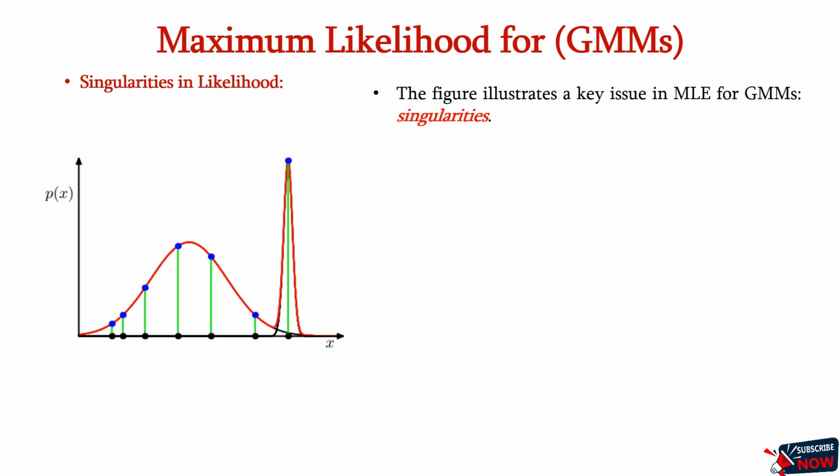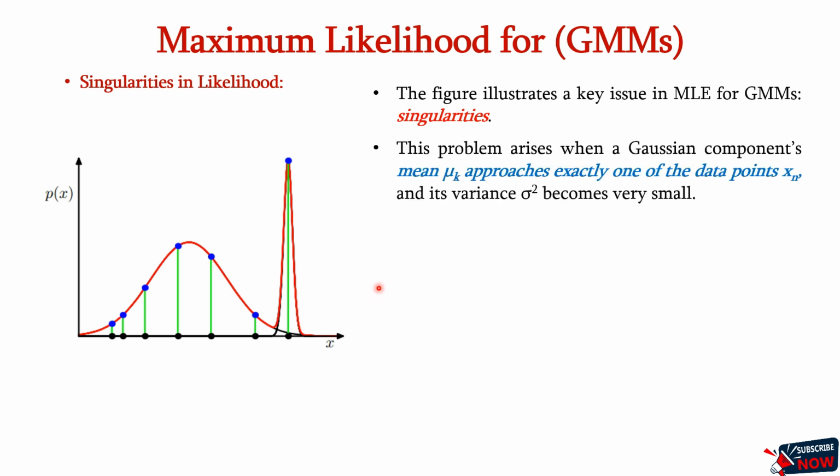A key issue in MLE for GMMs is singularities, which is represented in this diagram. This problem arises when a Gaussian component's mean mu k approaches exactly one of the data points xn, as shown on the right hand side of this diagram. We can see that this mean is approaching exactly one data point, and because of this its variance will become very small.